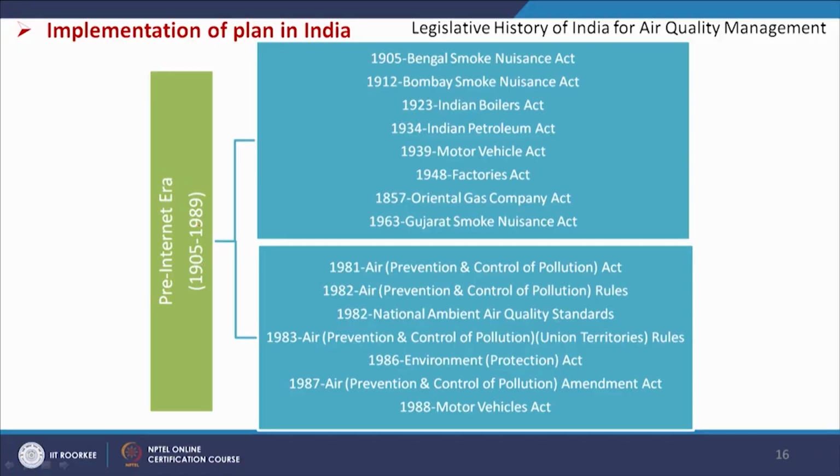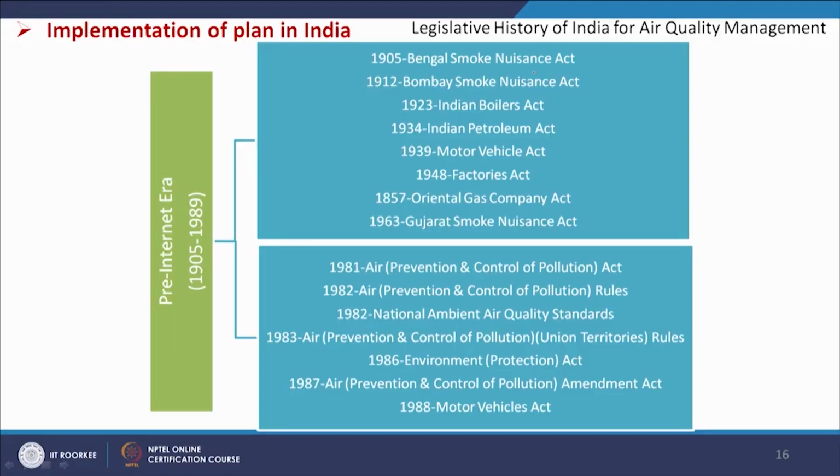Now, we will see implementation of the plan in India. So, we see the legislative history of India for air quality management. So, the pre-independence era, 1905 to 1989.